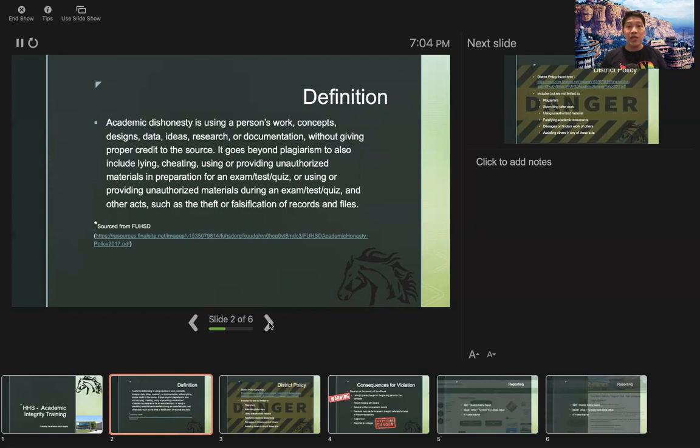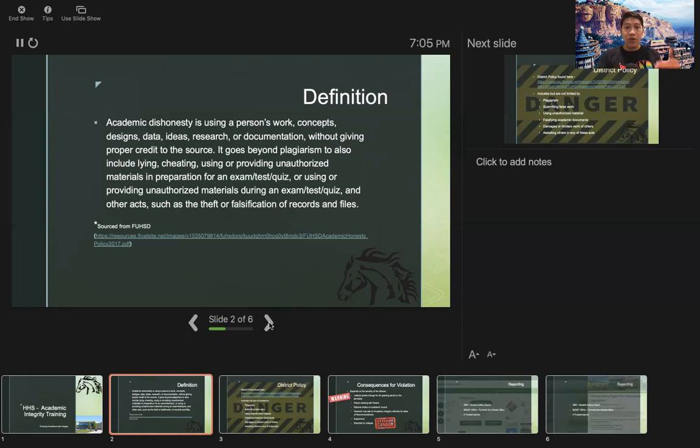It goes beyond plagiarism to also include lying, cheating, or using or providing unauthorized materials in preparation for exams, quizzes, or tests, or using or providing unauthorized materials during an exam, test, quiz, and other acts such as theft or falsification of records and files. So this is a whole breadth of infractions.